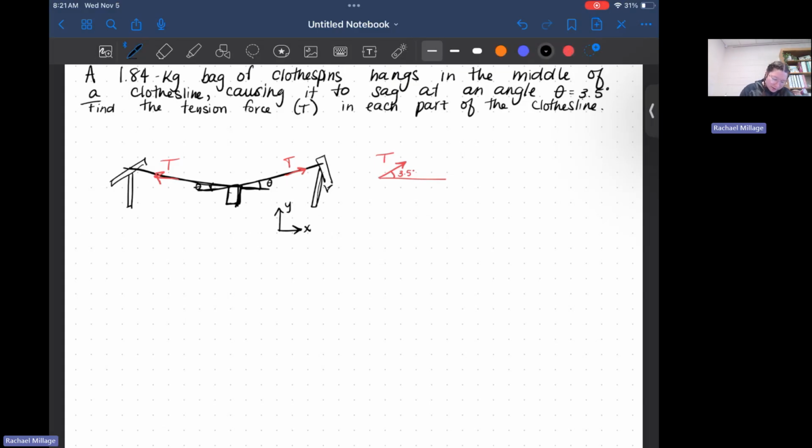So I'm going to draw my full triangle out here. I know I have my tension going in this direction. We're just going to focus on the right side of my drawing because we know that the tension's going to be the same no matter where we are. And we know that this angle is 3.5 degrees.